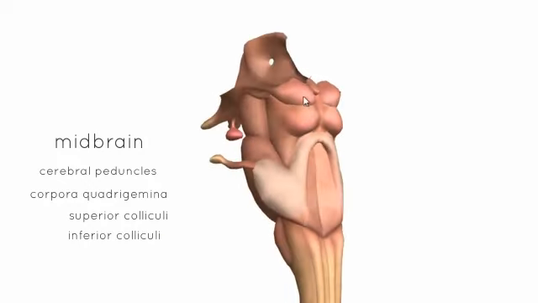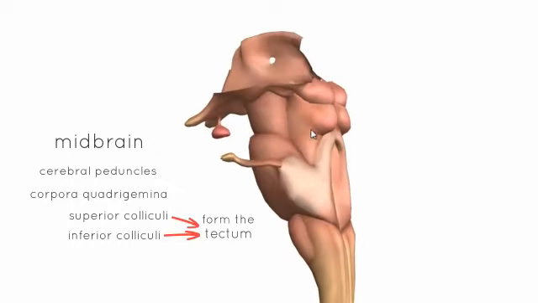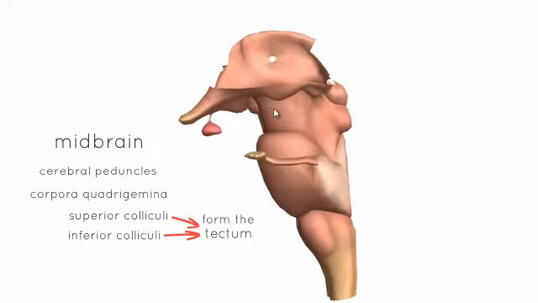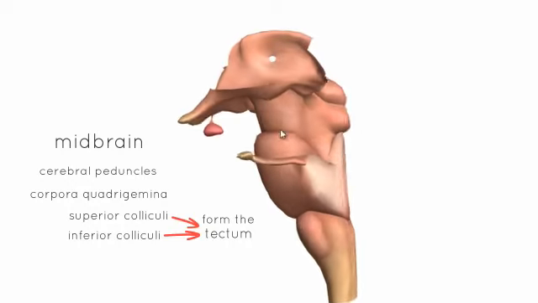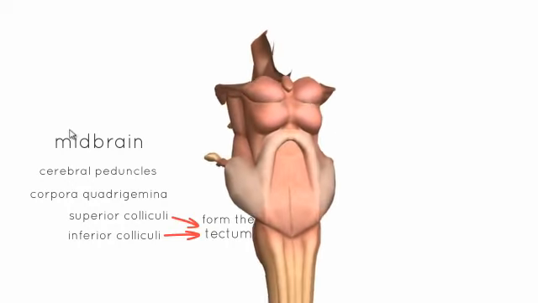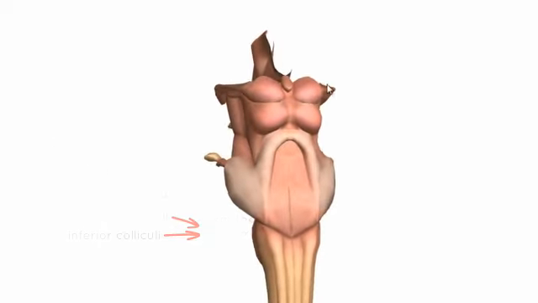These colliculi sit on the tectum. The tectum is the roof of the midbrain; tectum means roof in Latin. So these corpora quadrigemina sit on the tectum of the midbrain. The midbrain is this structure here: you've got the cerebral peduncles, and you've got the tectum with the four colliculi.